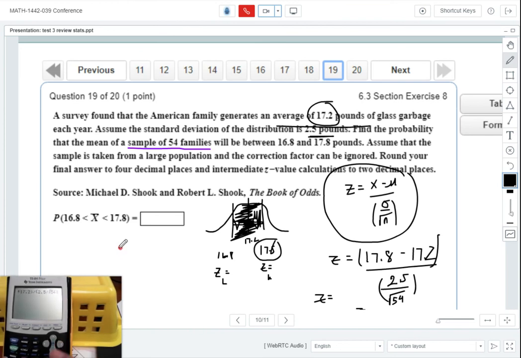And then I arrow over and finish my parentheses. And I get a z value of 1.76.